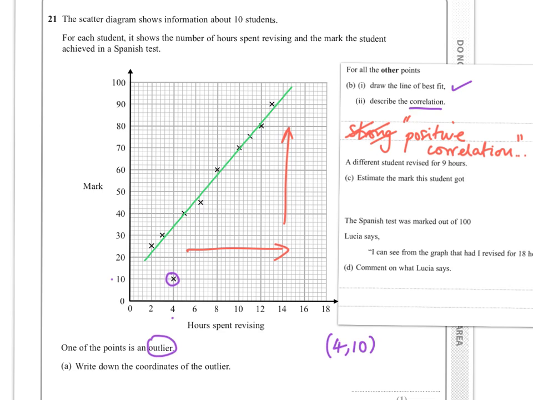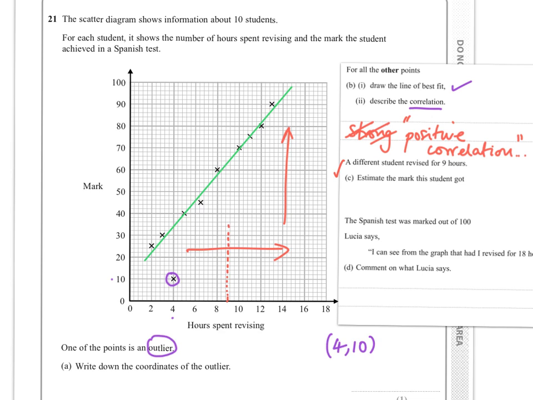It says here now, a different student revised for 9 hours. Estimate the mark this student got. Now, a lot of students sometimes don't put the line of best fit on because it doesn't always ask you to put it on. It might just go straight to this part of the question. And some people forget to do this, and that's why they're using their eye too much and they're not using a line of best fit to help them. So we go to 9 here. This is where you should use a ruler, but I'm not.